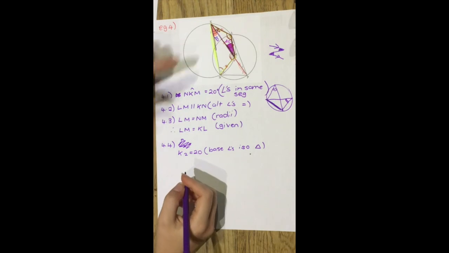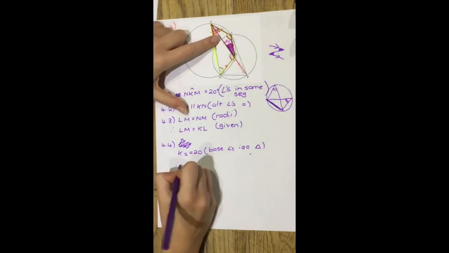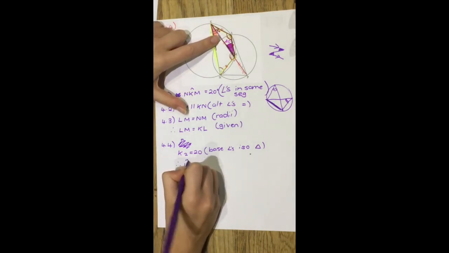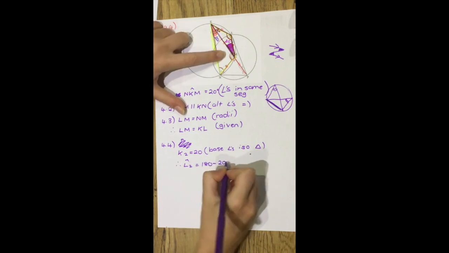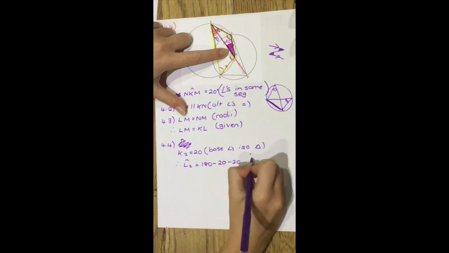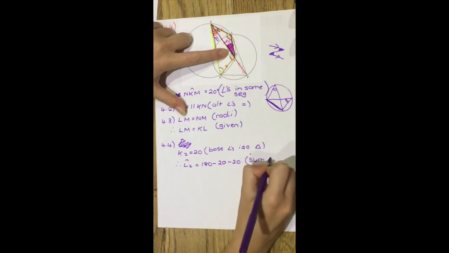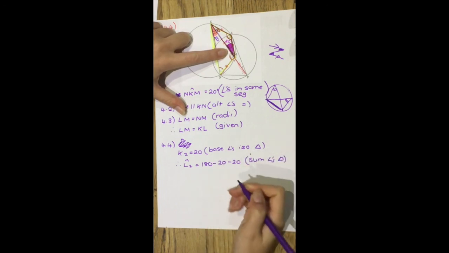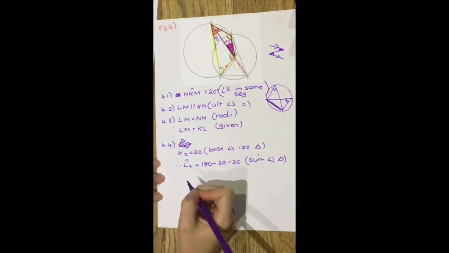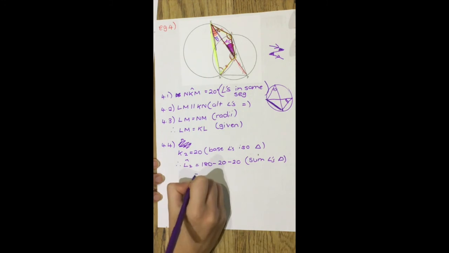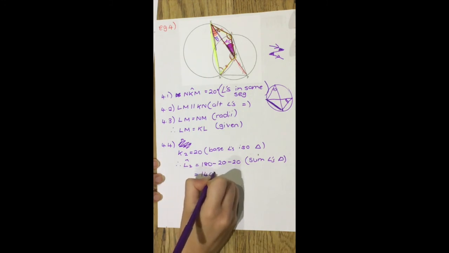Okay, so now we know K2 is 20, so therefore angle L2 is equal to 180 minus 20 minus 20 because sum of angles of a triangle. So this is going to be 140 degrees.